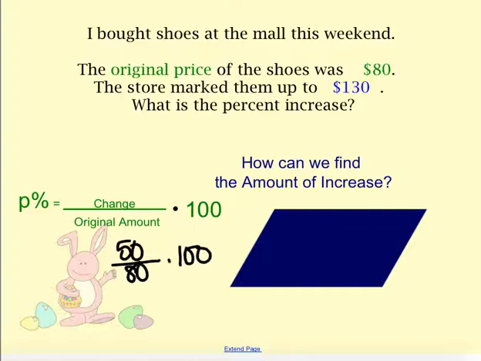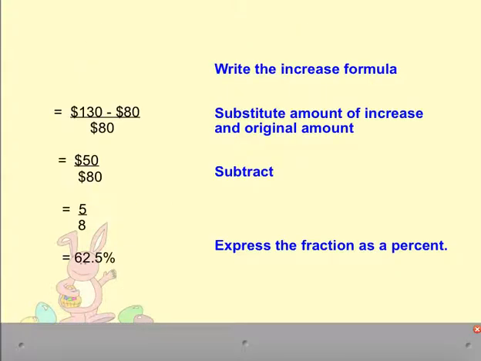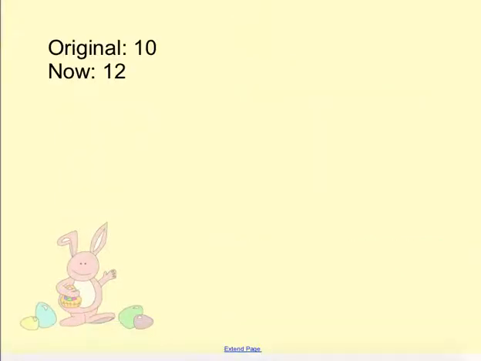Well, 50 over 80, that comes to 0.625 times 100 will give us 62.5%. And since we're going up in this case, so it's a markup, it's going to be an increase. 62.5% increase. So you can see that laid out as well right there.